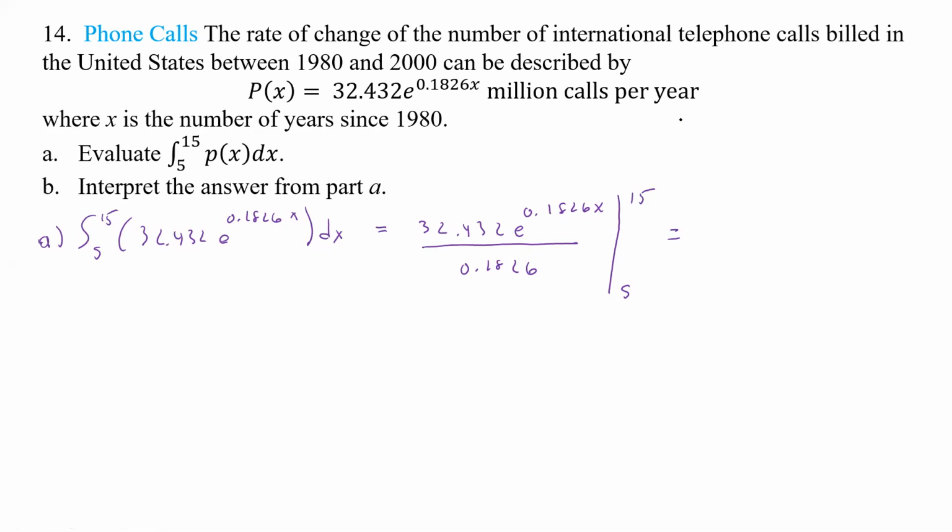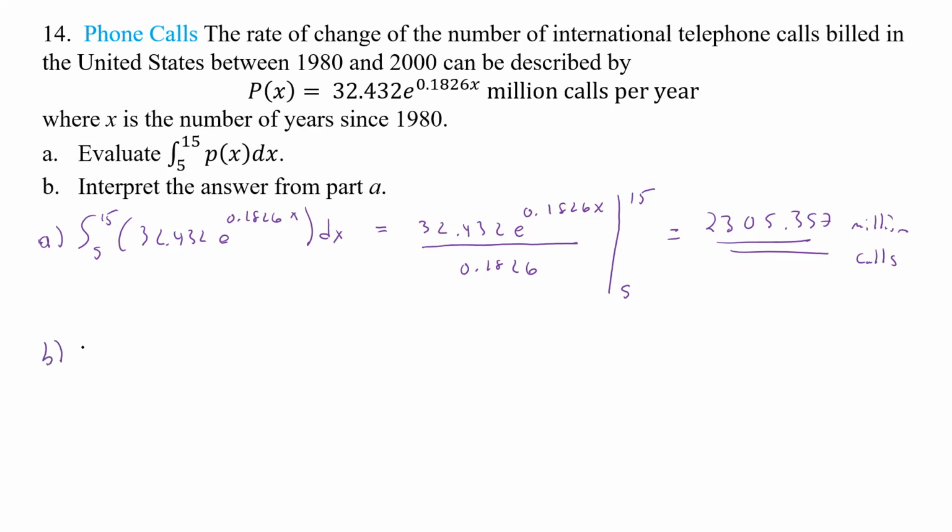If you did it the other way too, you should get the same value. It's 2305.357, and it starts out as million calls per year, so the per year goes away, and we have million calls.